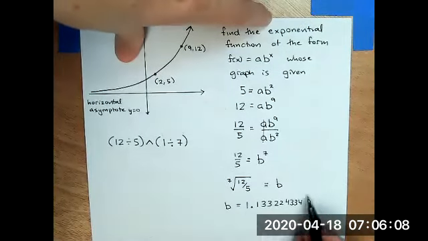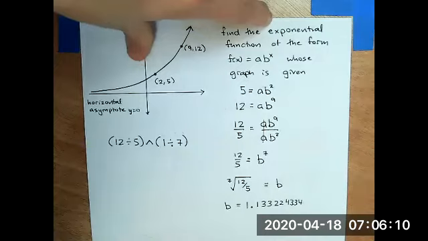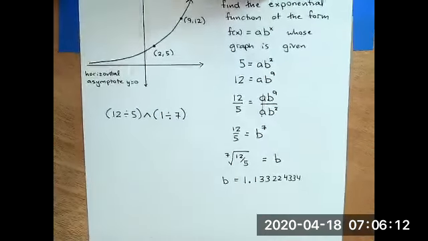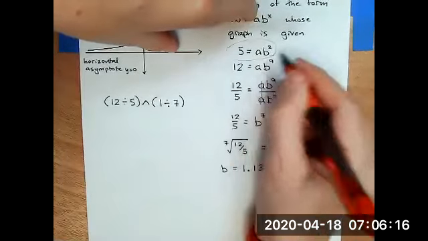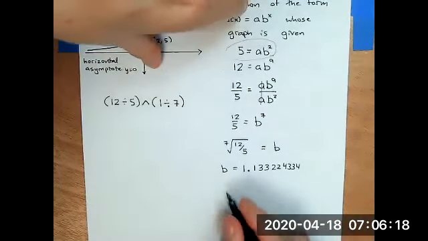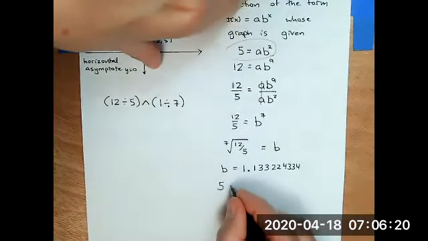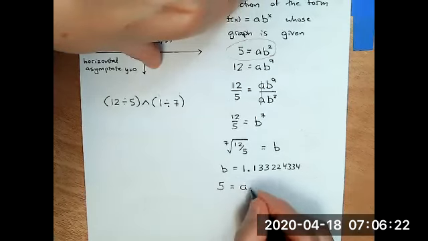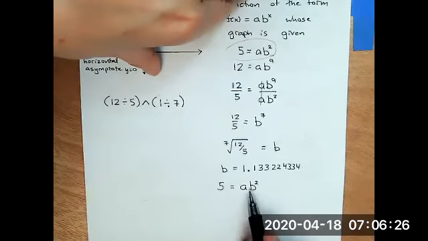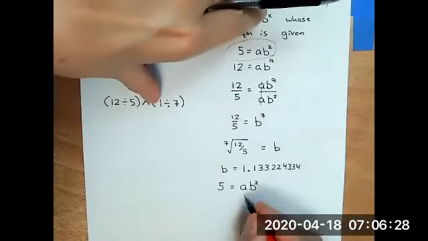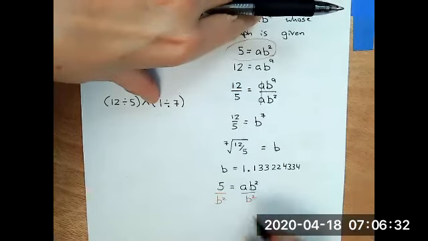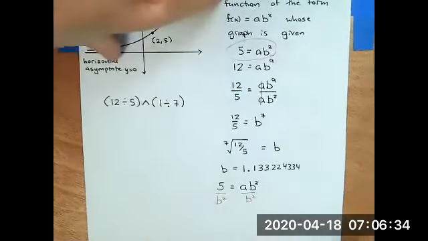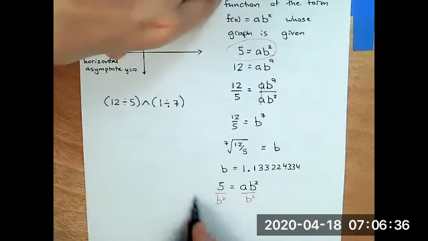So I found b. I want to find a. So I can use either of these equations. If I divide both sides by b squared, I get a.